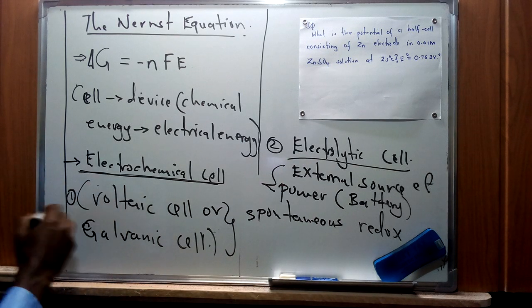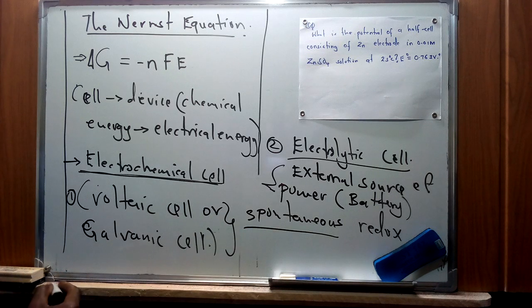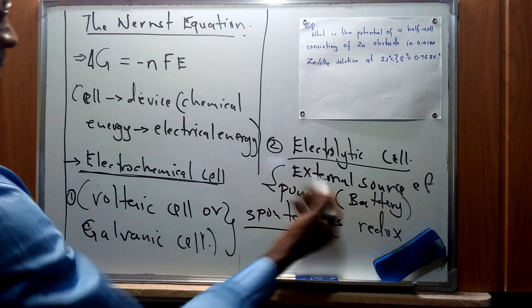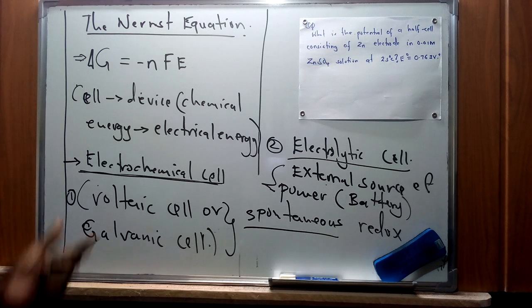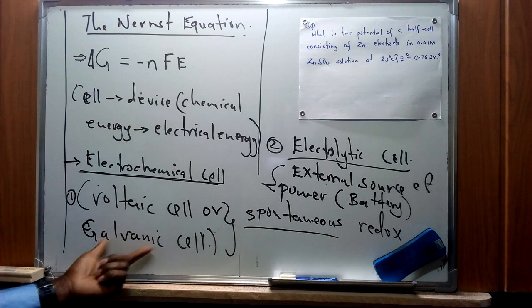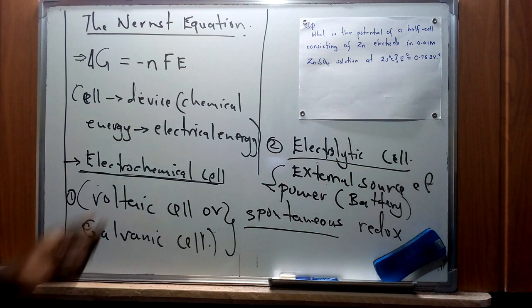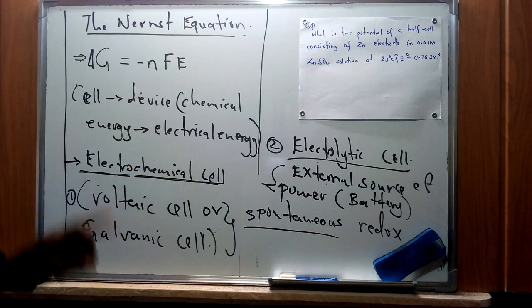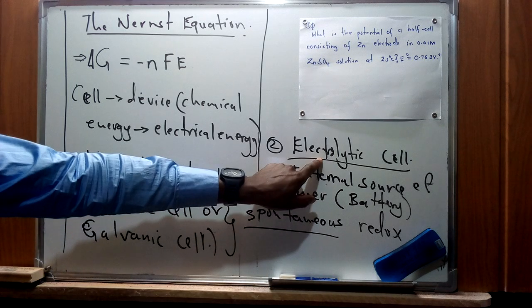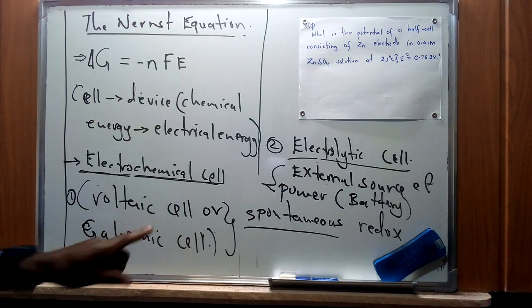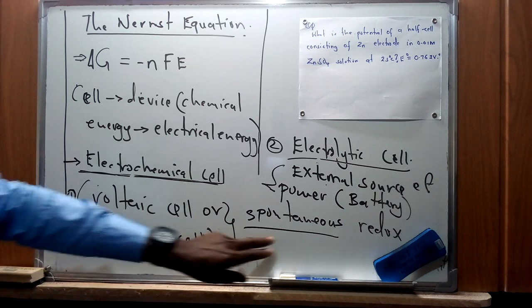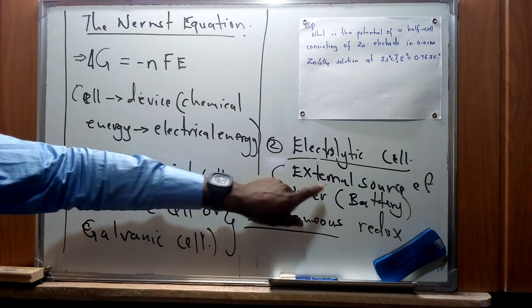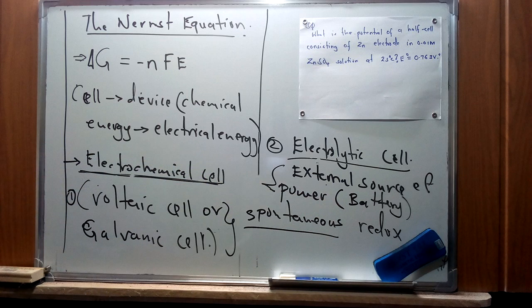For the galvanic cell, it is spontaneous reactions which are producing a potential difference, so it does not involve external sources. That is the difference between the galvanic cell and the electrolytic cell under this broader topic of electrochemical cells. In the galvanic cell, the potential difference is realized due to spontaneous reactions. In the second, the power is derived from an external source, like a battery.